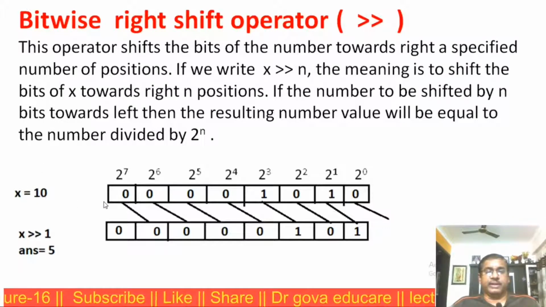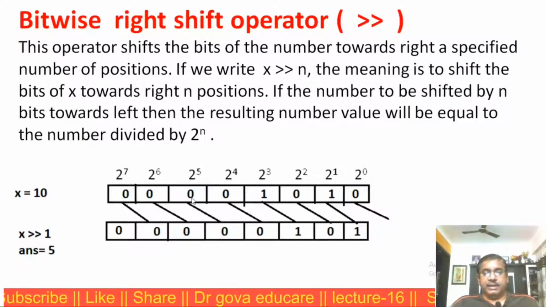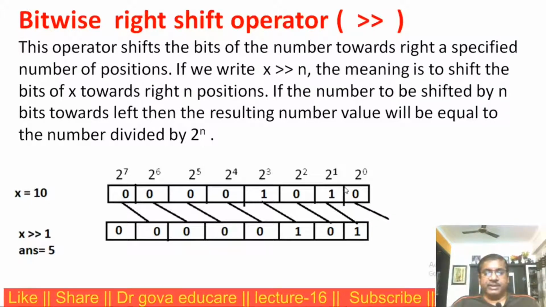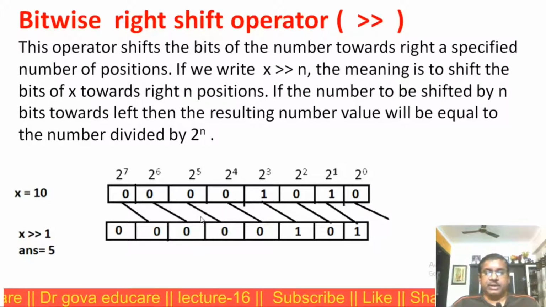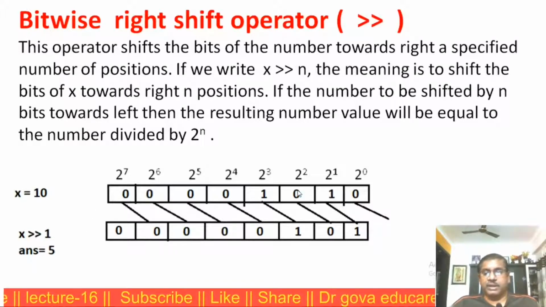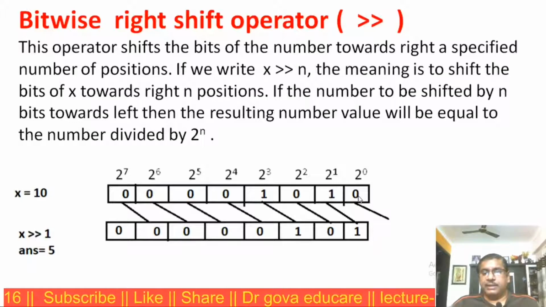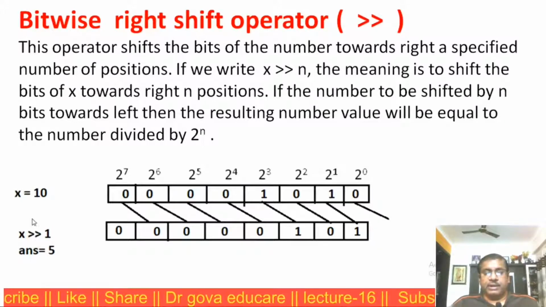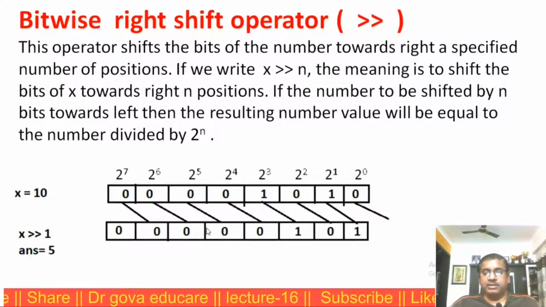This x equal to 10, in 8-bit representation. X double greater than 1, when we are shifting 1 bit to the right. Now here the LSB bit of x equal to 10 will be lost.